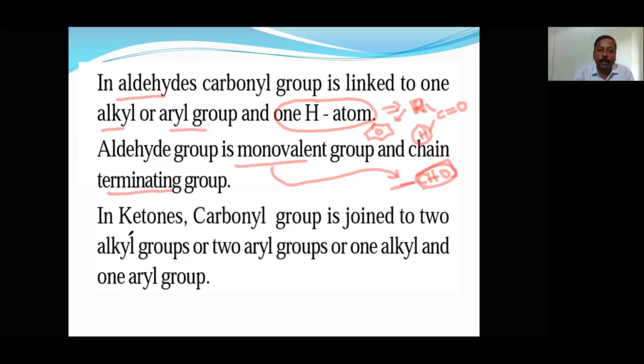Then, in a ketone, the carbonyl group is joined to two alkyl groups, two aryl groups, or one alkyl and one aryl group. Understood? For the time being, simply remember that aldehyde is monovalent, it can form only one bond, and it is always available at the end of the chain.